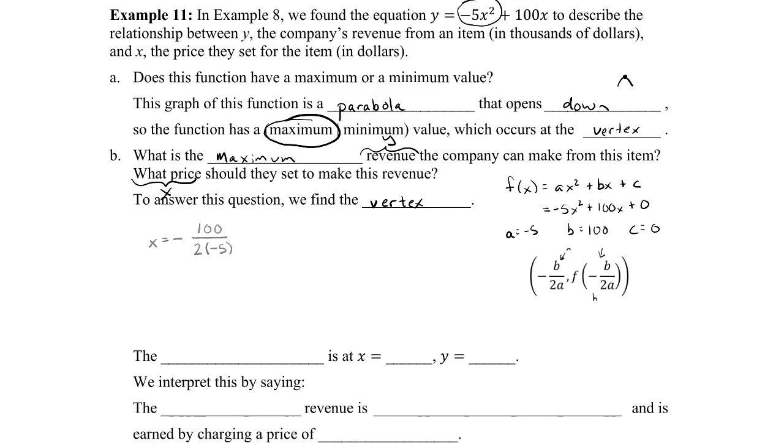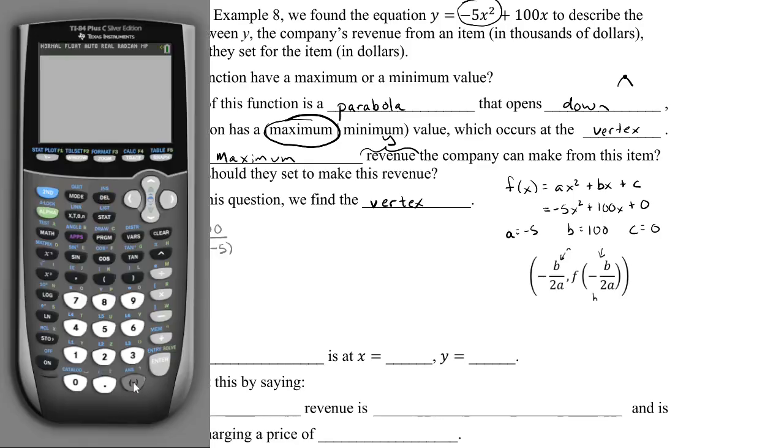And we could mess around with that, or we can just throw it into the calculator. That's the opposite of 100 divided by 2 times negative 5. And we get 10. If you get something other than 10, probably what that means is that you didn't put parentheses around that denominator.